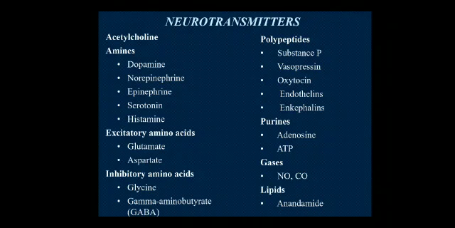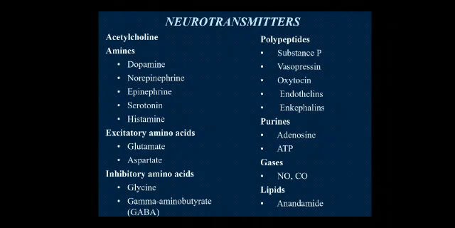This acetylcholine is mainly involved in the neuromuscular junction. Then the amines: dopamine, norepinephrine, epinephrine, serotonin, histamine, and excitatory glutamate and aspartate, whereas inhibitory neurotransmitters are glycine and gamma amino butyric acid.